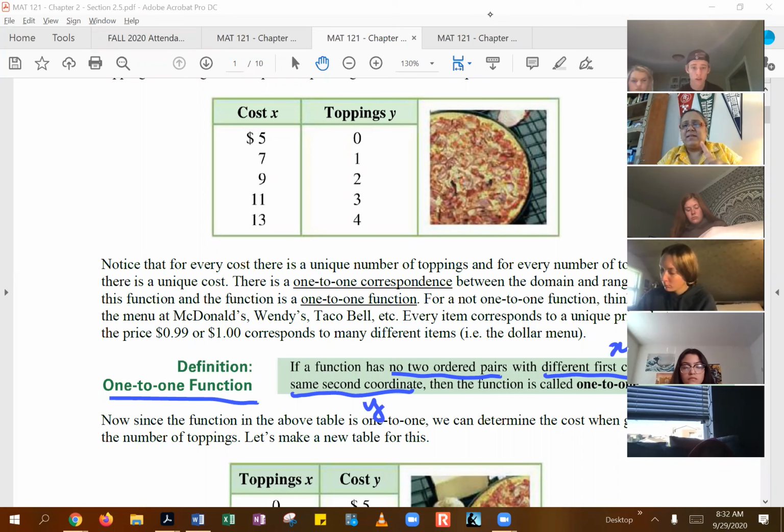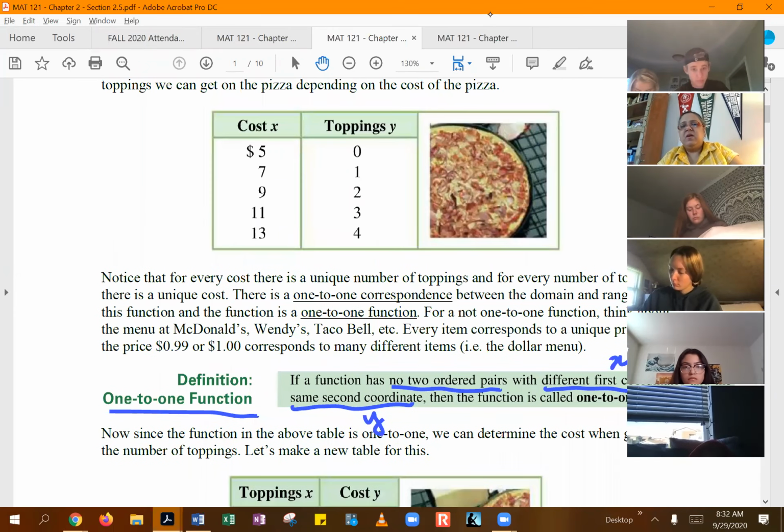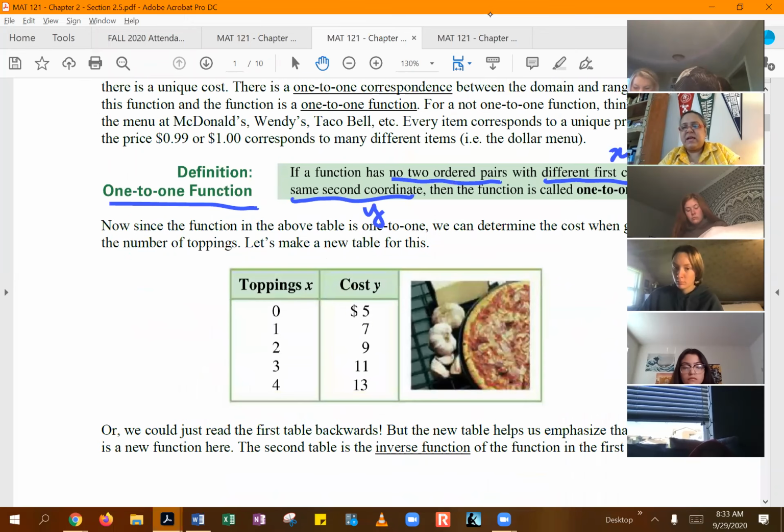The other thing is, if we do have this one-to-one correspondence, you can see how we can actually switch those x and y values. So in the first table, we're using x as the dollar amount, y as the number of toppings. And then you can see in the second table over here, we're switching that and we have x as the number of toppings and y as the dollar amount.